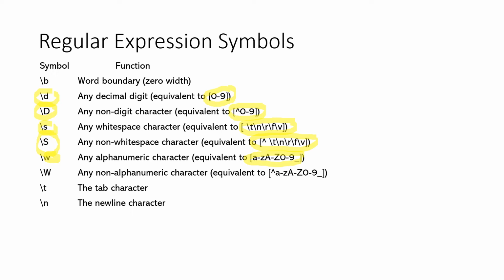And for any non-alphanumeric character, which is this expression, we write simply backslash with big W. And also some commonly known characters such as the character for tab and the new line character.